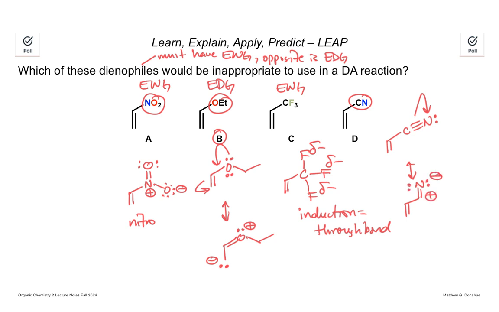So now that carbon's plus. We can do another resonance form. Which shows the plus charge on the terminal carbon of the alkene, so that's electron withdrawing. And so that's how we make our decision about this question.